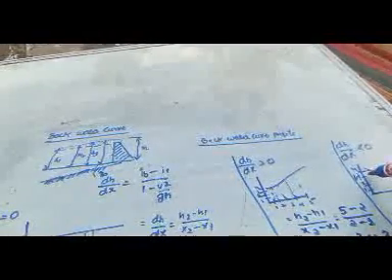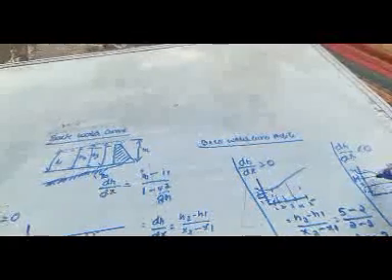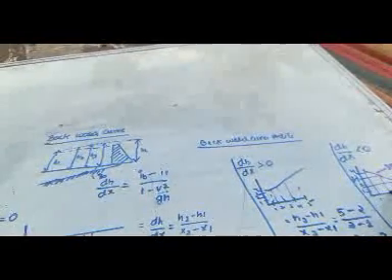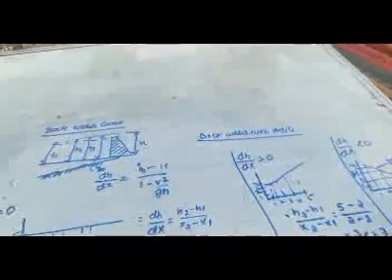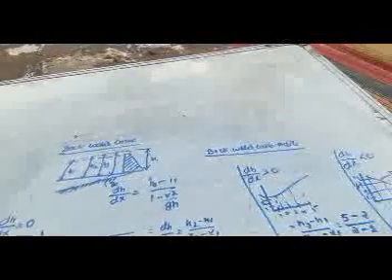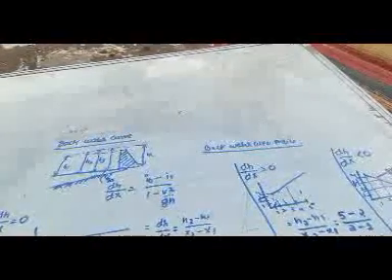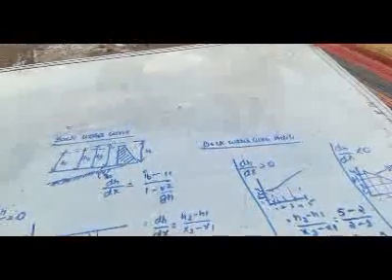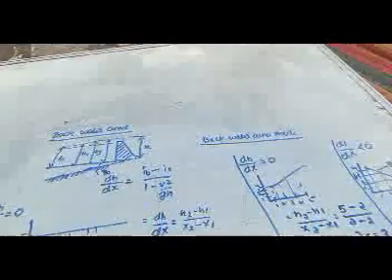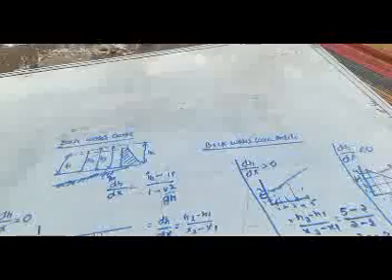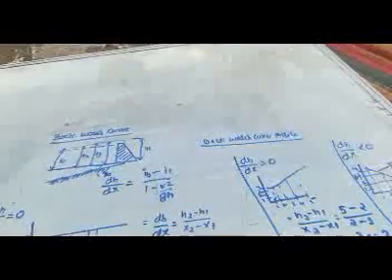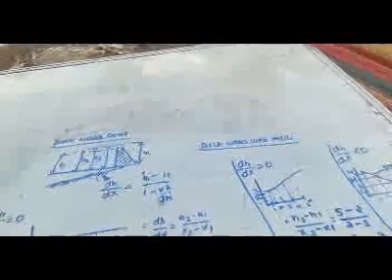So 1, 2, 3, 4. Here 3 will happen and 2, and here 1, 2, 3. So what happens: h2 minus h1 over x2 minus x1. Here h2 is 3 and h1 is almost 5.